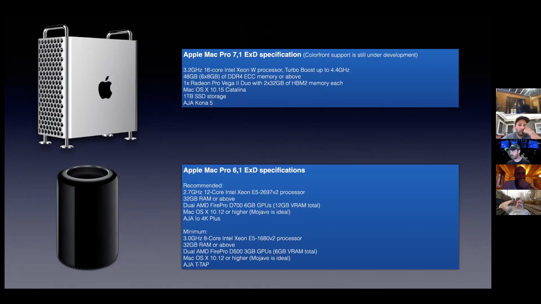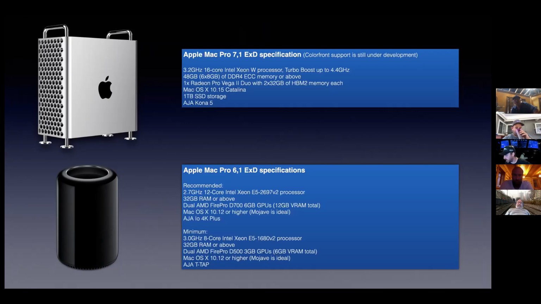So these are the system requirements. Right now we're still in the process of fully certifying the new Mac Pro 7.1. That's what I'll be showing today. But undoubtedly it will be in release before too long. So currently what we're recommending is at least a 16-core proc with 48 gigabytes of RAM.